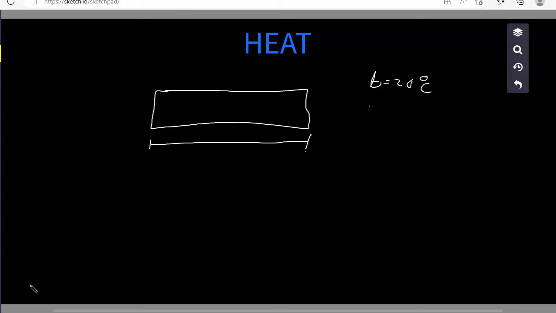This we are going to say is T1, and then we have our T2, which will be 60 degrees Celsius. By now I think we know how materials react to temperature difference in terms of their length or size.